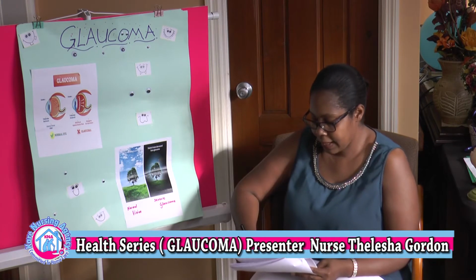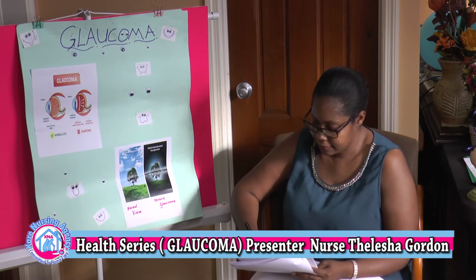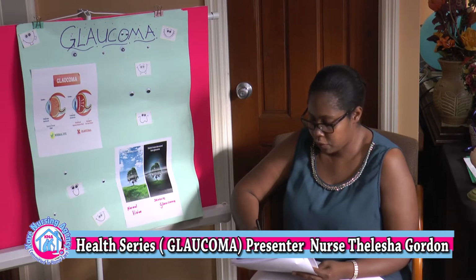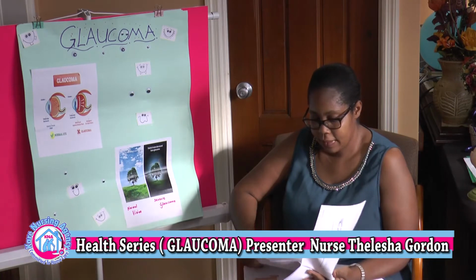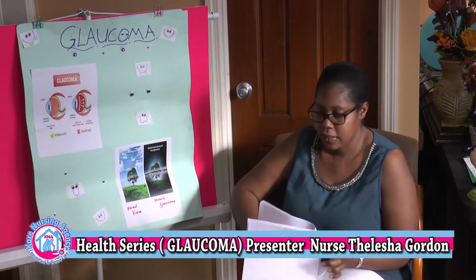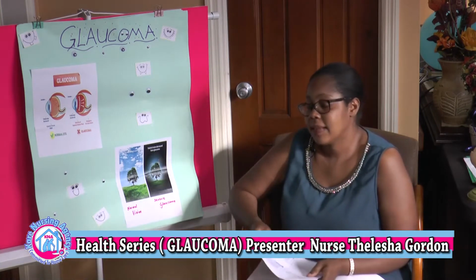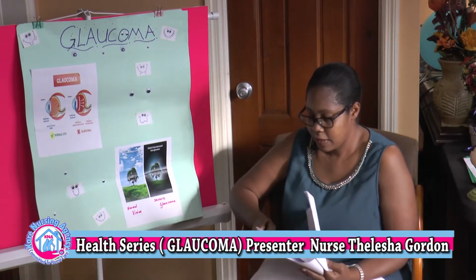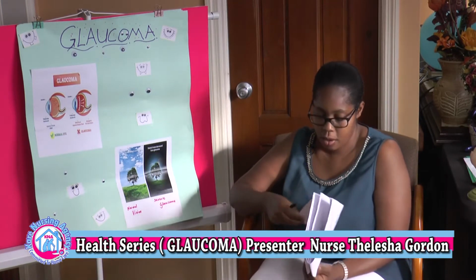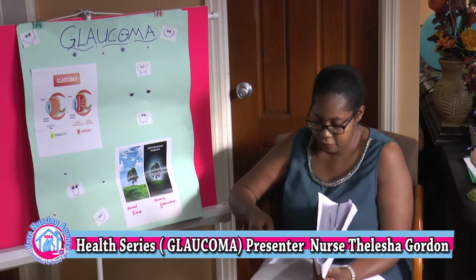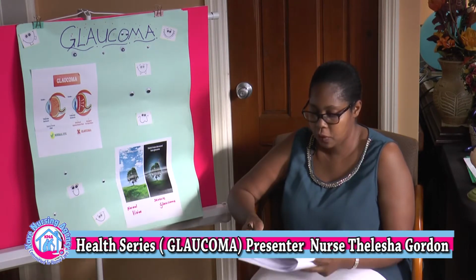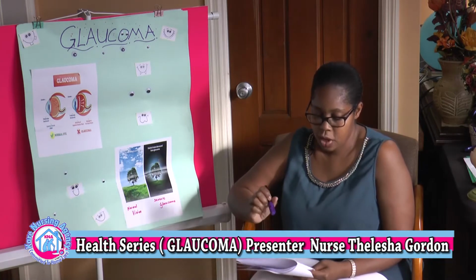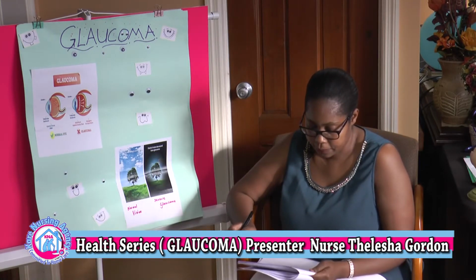It happens in elderly and females, and it is due to decreased blood flow to the optic nerve. So in this type of glaucoma, as in the definition, a group of diseases that damage the optic nerve, although the pressure might be normal, the optic nerve is being damaged from the decreased blood flow to the optic nerve. So it is termed normal tension glaucoma.